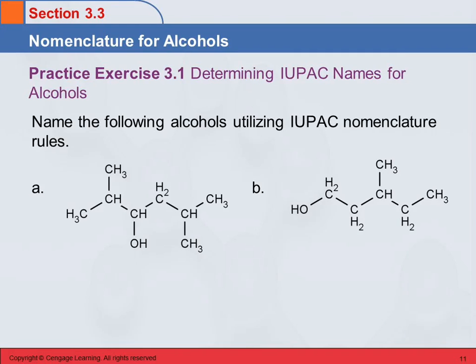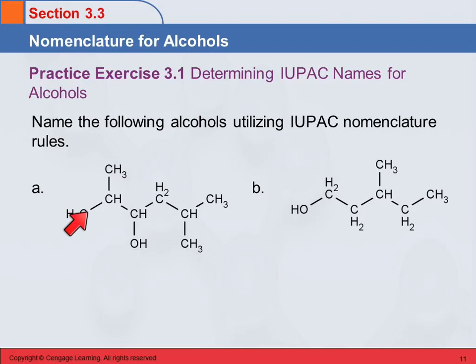So let's practice a little bit. Name the following alcohols utilizing IUPAC nomenclature rules. So not the common names, but the IUPAC. So the first one, letter A. First we have to figure out the longest carbon chain that includes the hydroxyl group.